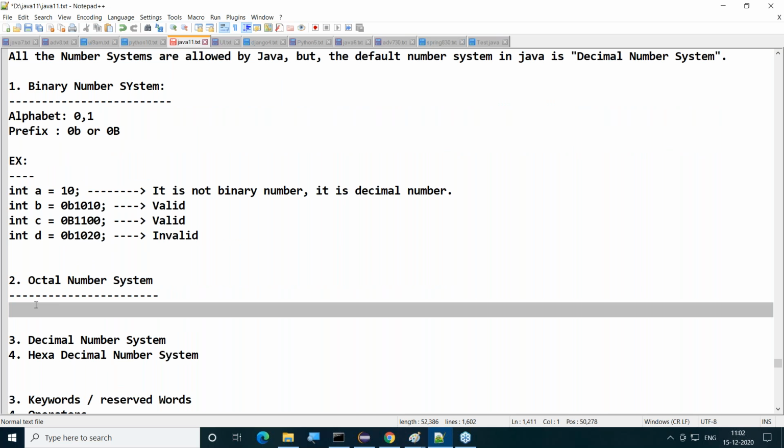Next one is the octal number system. What about these octal number systems, guys? How are we able to get these octal numbers? We can observe this clearly.